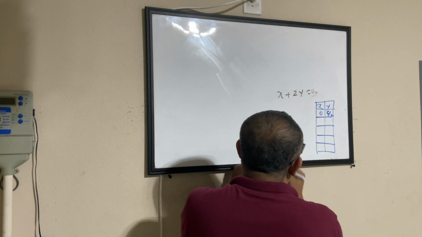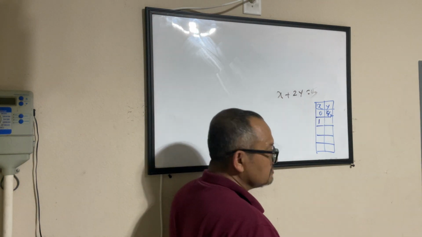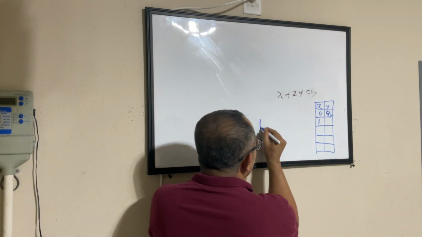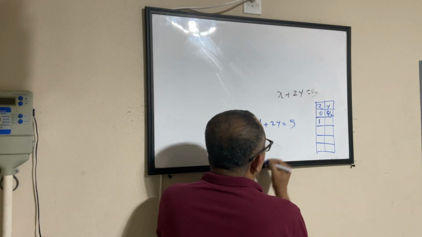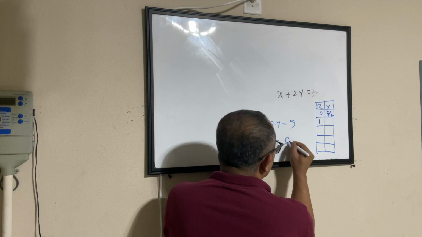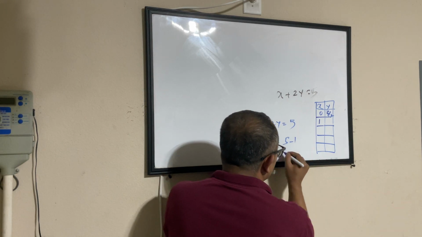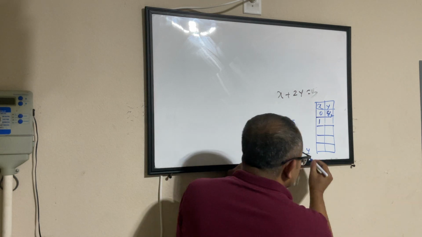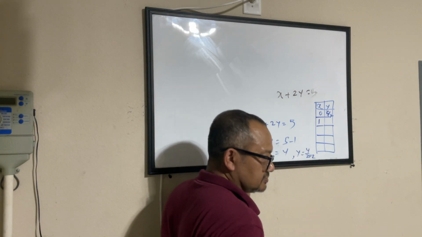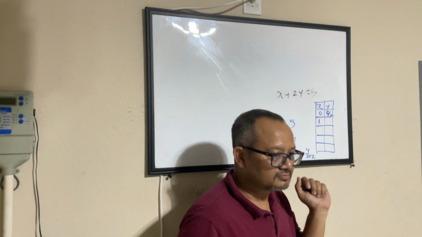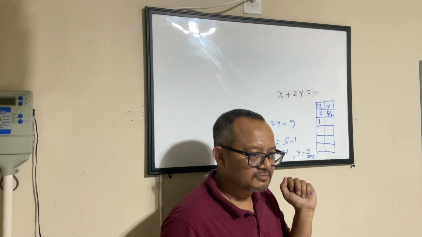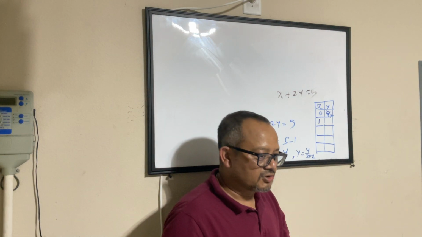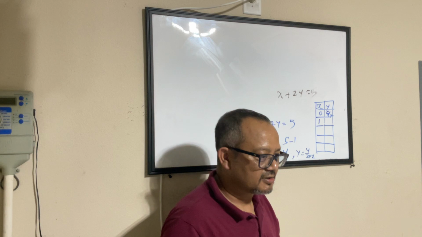What will be the value of y when x is 1? When x is 1, meaning 1 plus 2y equal to 5. That means 2y equal to 5 minus 1, or 2y equal to 4. Or y equal to 4 by 2. That is 2. Is this story looking okay?